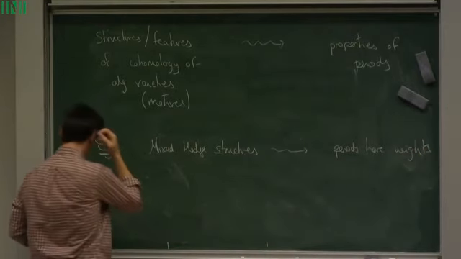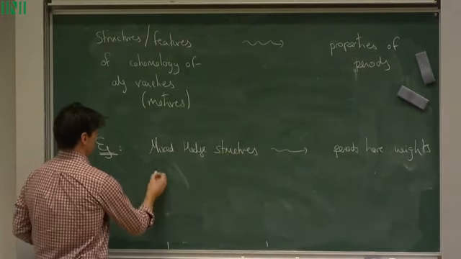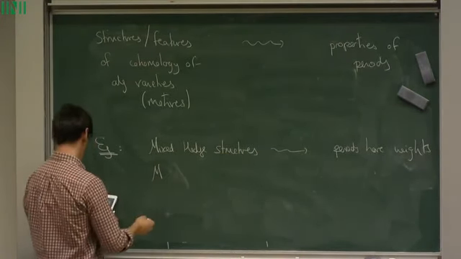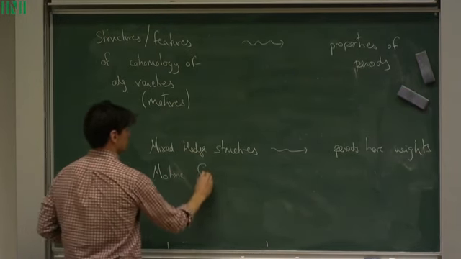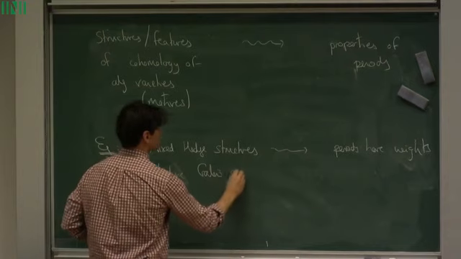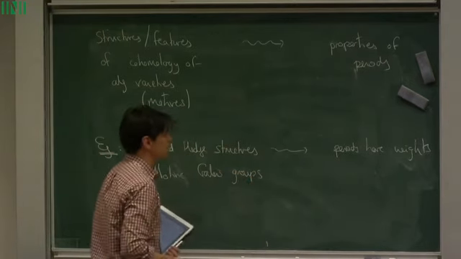What else? There's the whole Tannakian machine. We have Mumford-Tate groups, or in some settings, motivic Galois groups. And these show up as extra structures on periods.